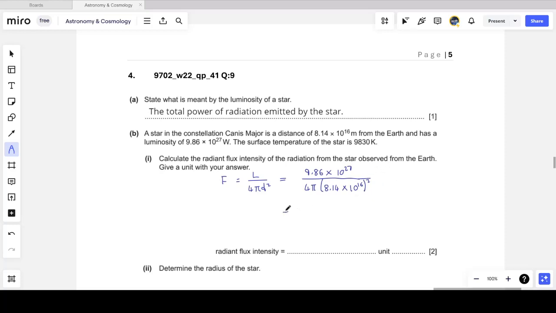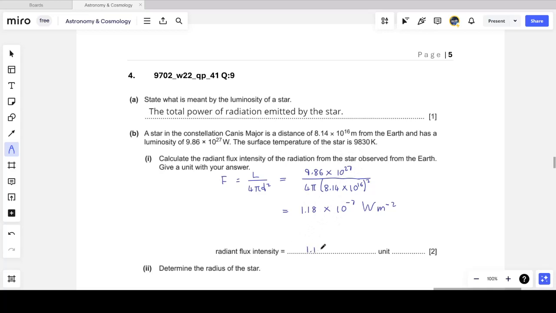And what we get is 1.18 times 10 to the minus 7 watts per square meter. I could leave my answer in 3 significant figures, since my lowest number of significant figures in this calculation was 3.